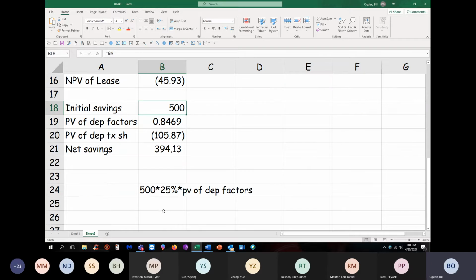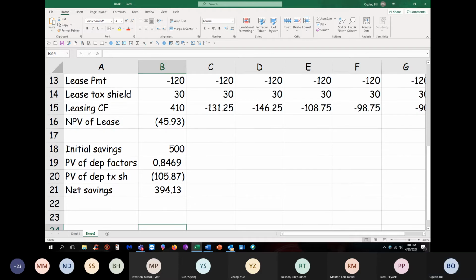So what do you have here? Well, in effect, this would be the NPV, or the present value of the decision to buy. Because what happens if you would have purchased this asset?